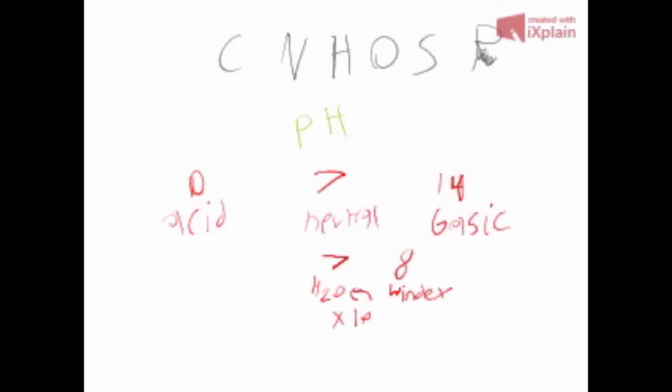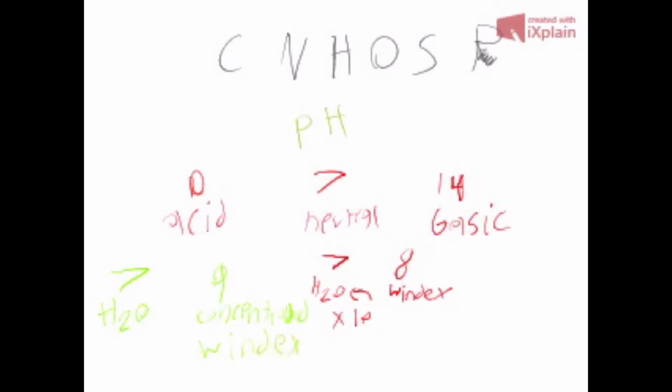And so let me give another example just so you get the idea better. So let's say from 7 to 9. So H2O to, I guess, maybe concentrated Windex or concentrated ammonia.